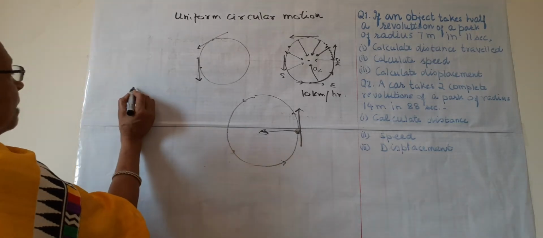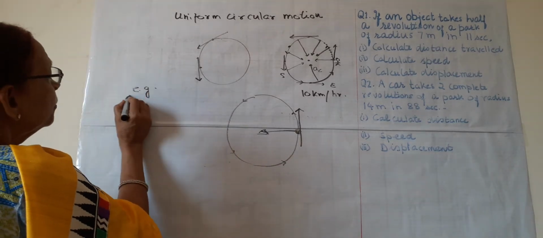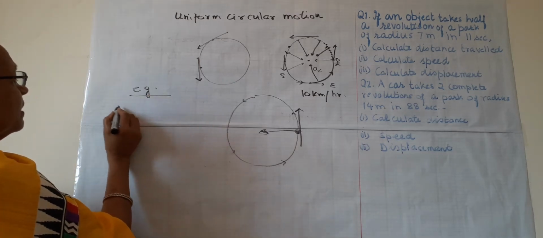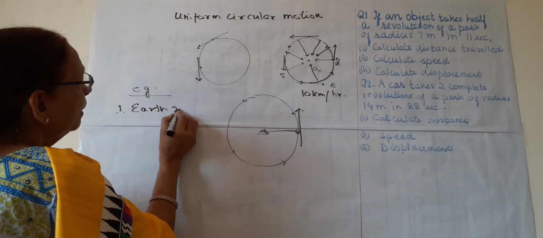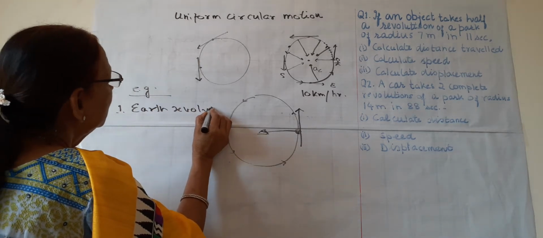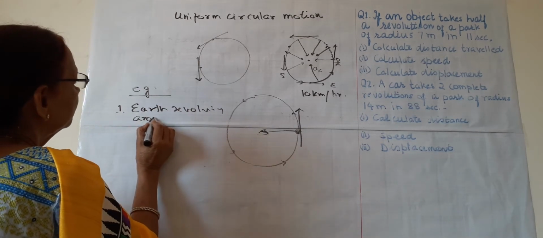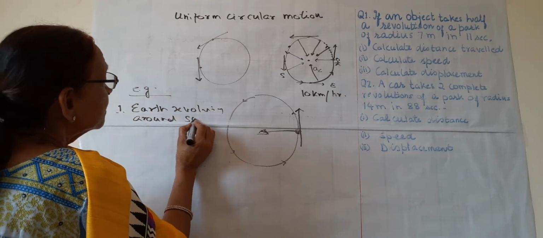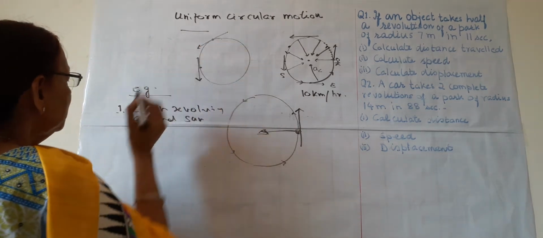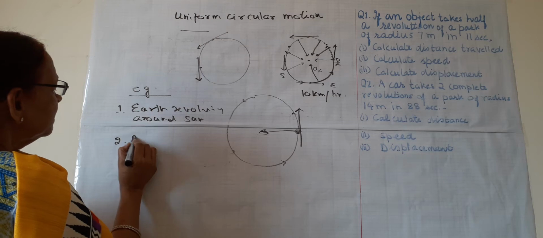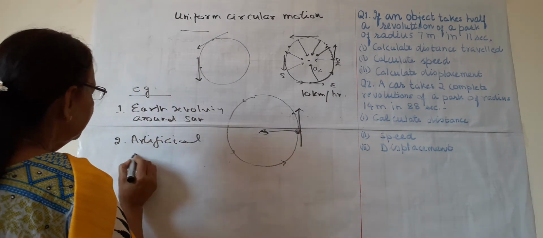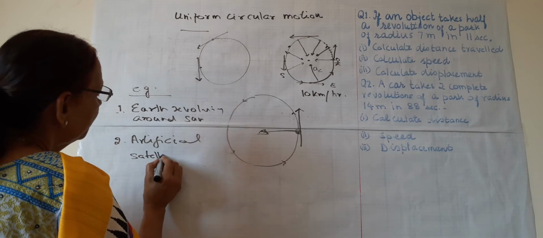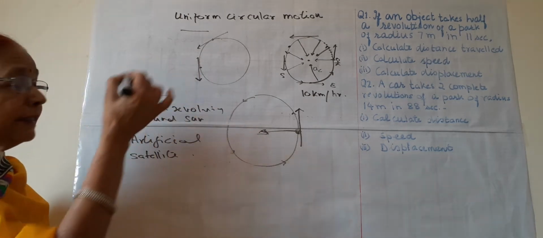Now what are the examples of circular motion, uniform circular motion? First, the important example is Earth revolving around Sun. This is also an example of uniform circular motion. The second example is artificial satellites revolving around the Earth.